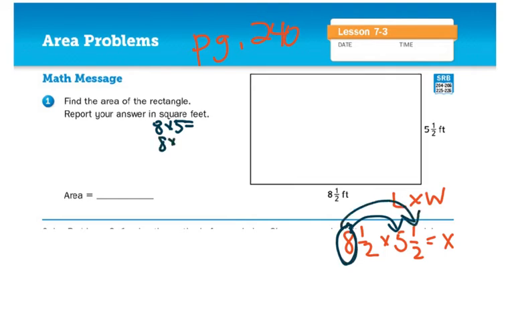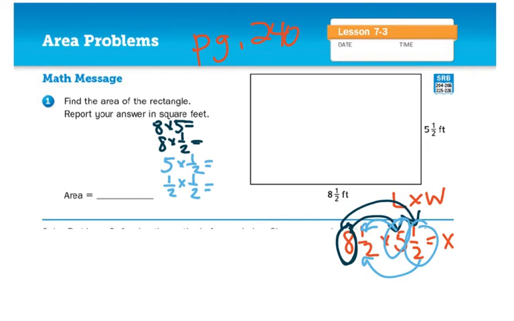So 8 times 1/2, figure that out. Then I will take 5 and multiply that by 1/2. So 5 times 1/2, and then 1/2 times 1/2. In other words, by multiplying each one of those, I have multiplied the whole 8.5 times 5.5.